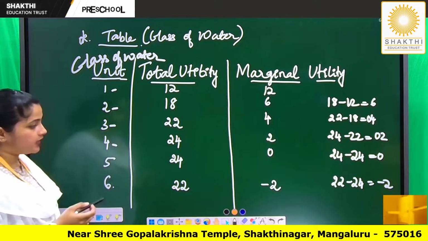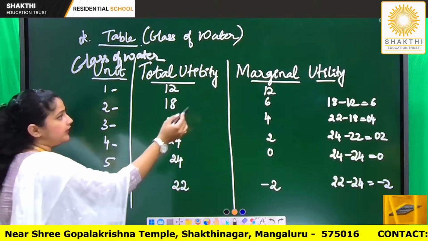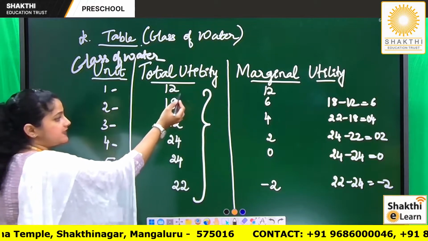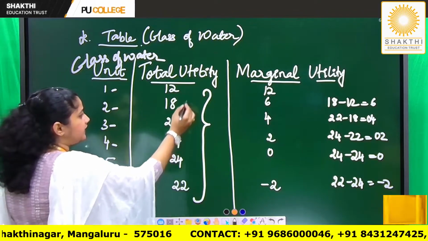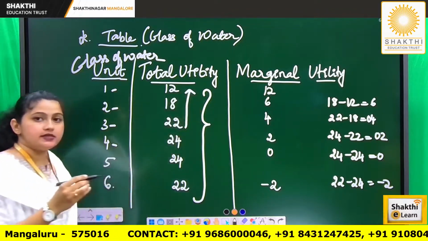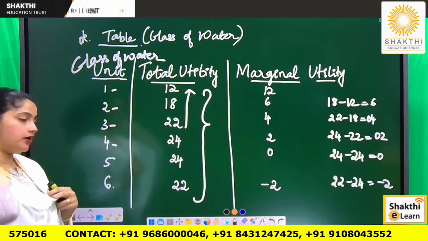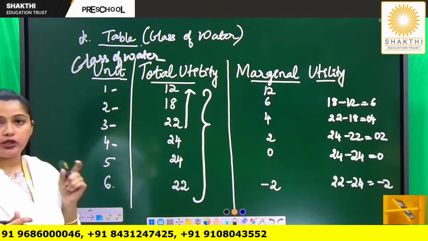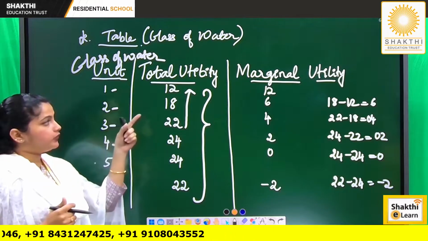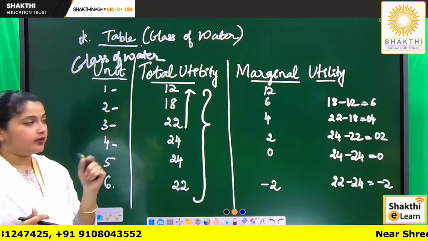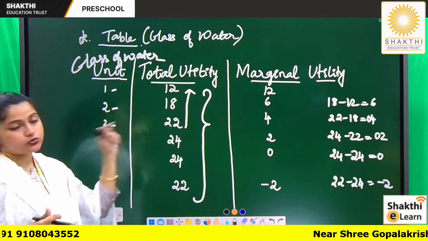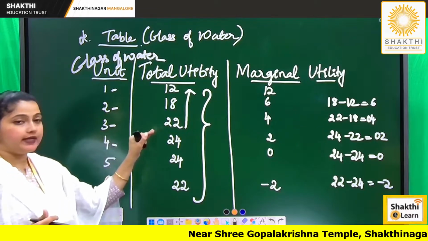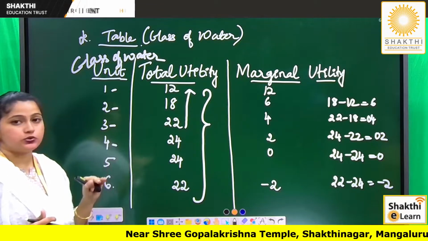If you observe the total utility part clearly, the utility of an individual is increasing till the 4th unit, isn't it? The first glass of water gave you 12 total utility. Then when you came to the 2nd glass of water, your utility increased to 18. When you drank the 3rd glass, your total utility increased to 22.